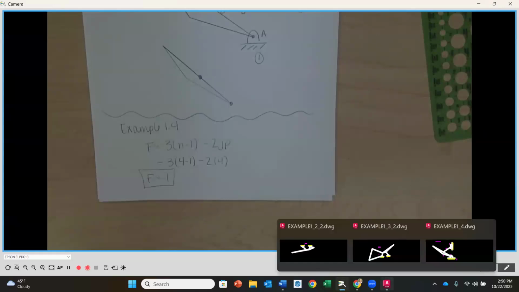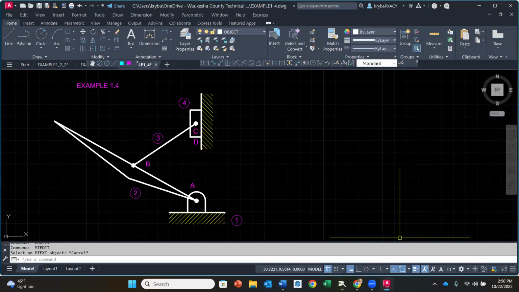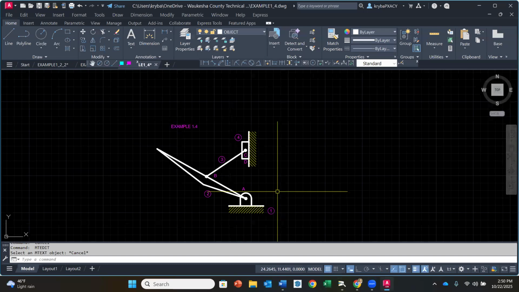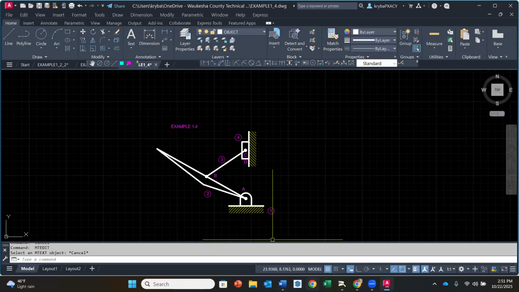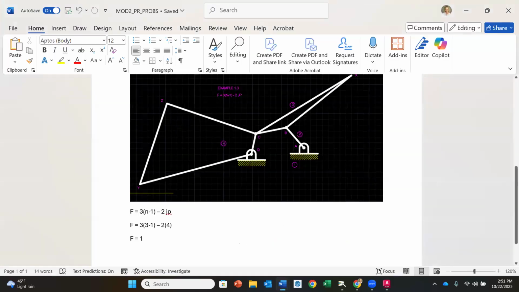Okay. And again, you can put this as part of the CAD file. You can put it as part of your document, or you can handwrite each one, letting me know which example is the calculation, and take a picture of all of your calculations. So now, if I go back to my AutoCAD here, I am simply going to do my screen snip of this, and I'm going to add this to my Word document.